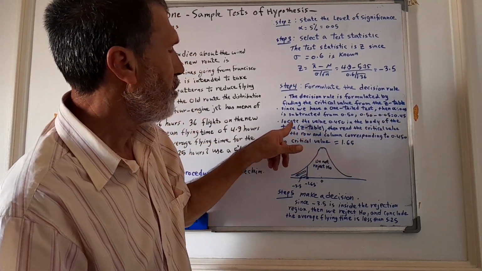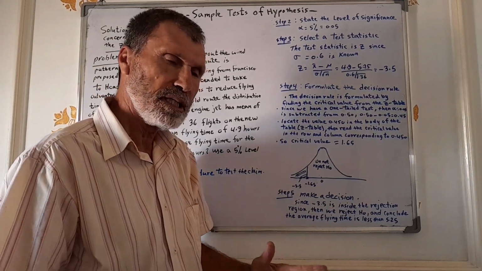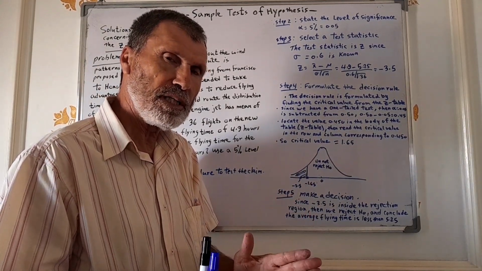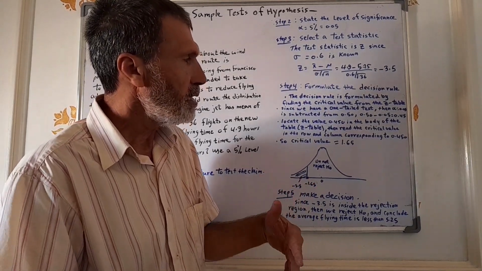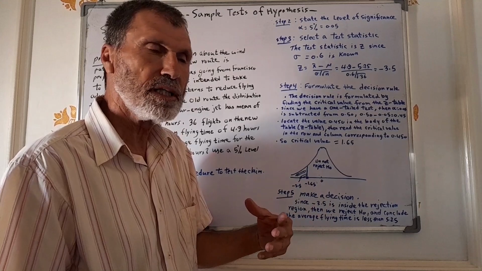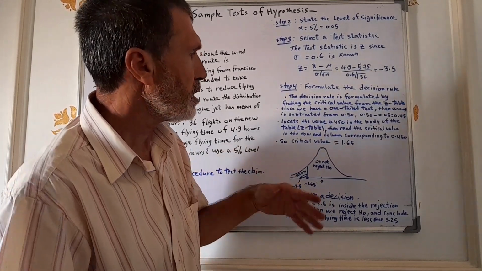Now we locate the value 0.45 in the body of the Z table in the appendix. We have a simplified version of the table when we discuss the lesson, so just go to the lesson.